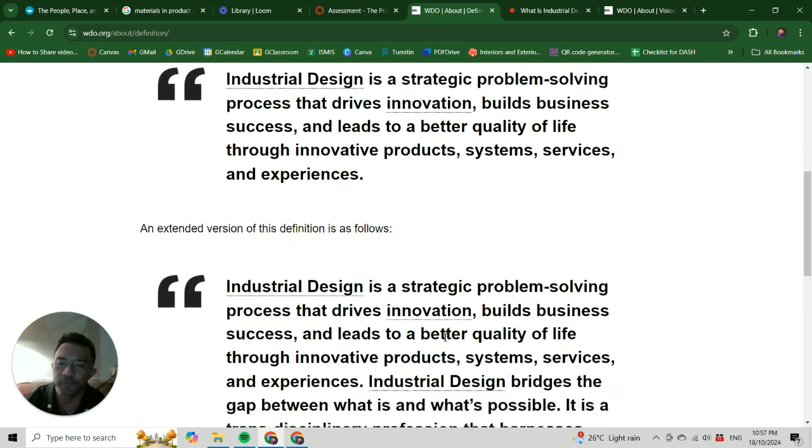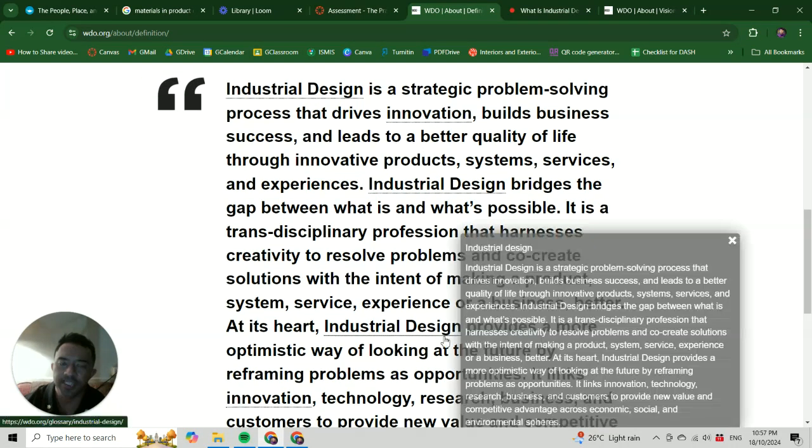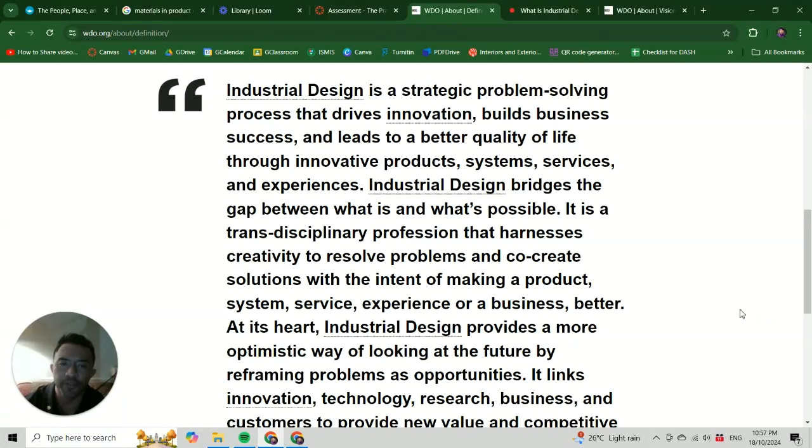The extended version of this definition is as follows. Industrial design is a strategic problem solving process that drives innovation, builds business success, and leads to a better quality of life through innovative products, systems, services, and experiences. Industrial design bridges the gap between what is and what's possible.